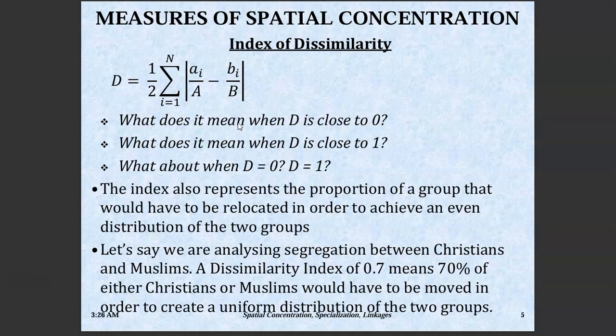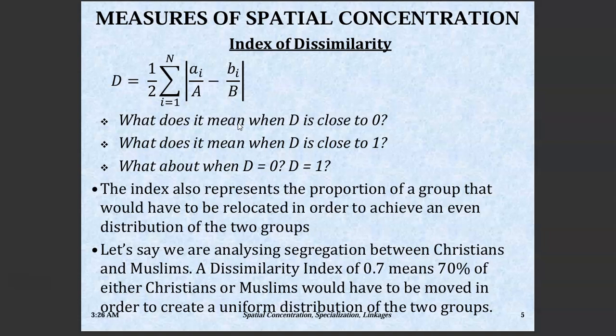The index of dissimilarity will tell us whether there is evenness amongst these two groups, blacks and whites. That value will tell us the number or the percentage of blacks we need to relocate to a different college to achieve evenness in the entire university.